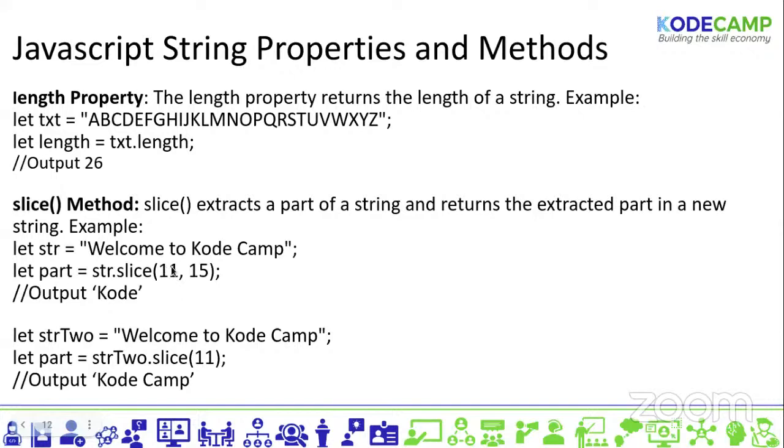This is where it is going to start slicing and this is where it is going to end the slicing. If you just did slice of 11 alone, it will slice from here to the end, which means from here down will be the value. Now let's try that and then I'll show you something.